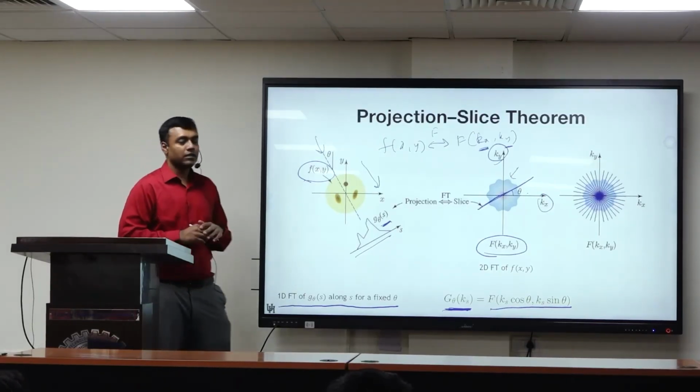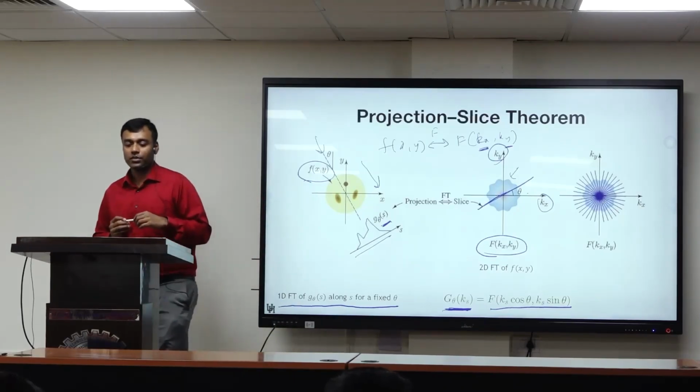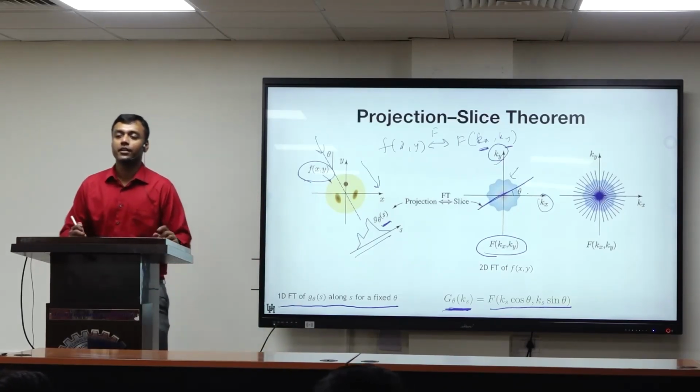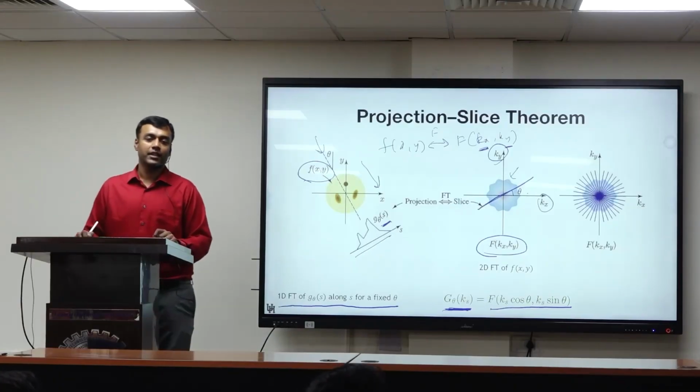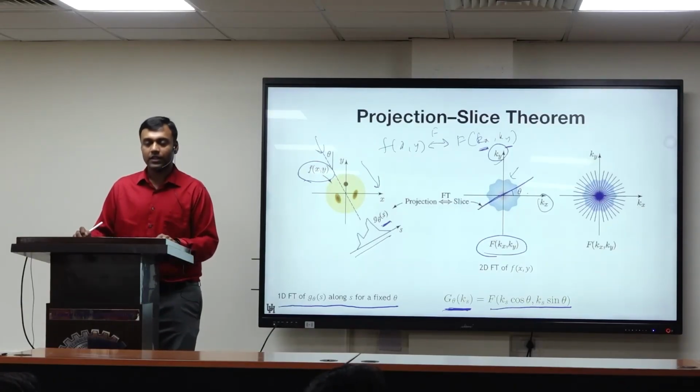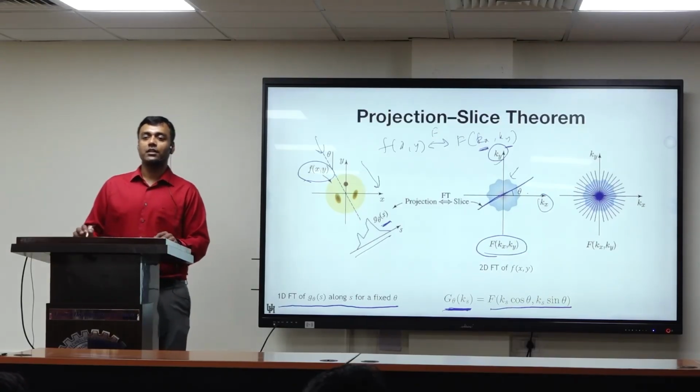So now that you know this projection slice theorem, how can we figure out the object from the data? What do you think is the way to do it? Any guesses? I just want to see how you think.